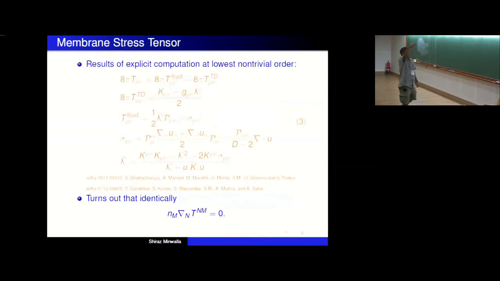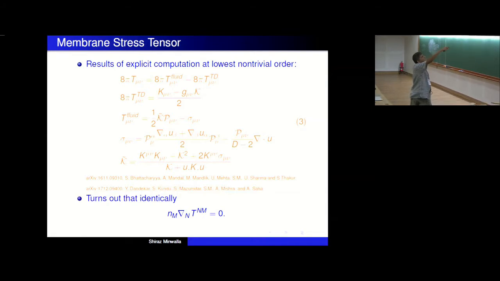Einstein's equations, order by order in a 1 by d expansion, give you a specific form for the stress tensor. At the leading non-trivial order, the stress tensor takes the following form. The stress tensor is the sum of a fluid part plus what we call a total derivative part, a sort of Brown-York type piece. And remember that the equations of motion were conservation of the stress tensor. That's why I've separated this Brown-York piece from the fluid part, because Brown-York stress tensors in flat space on any surface are automatically conserved.